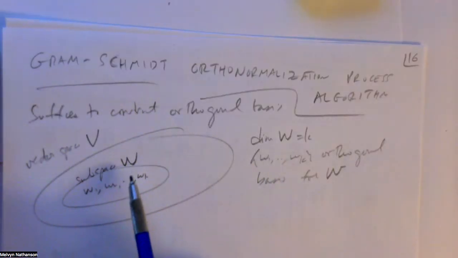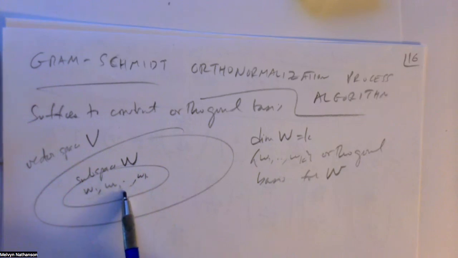Every vector in W is a linear combination of the vectors in the spaces.